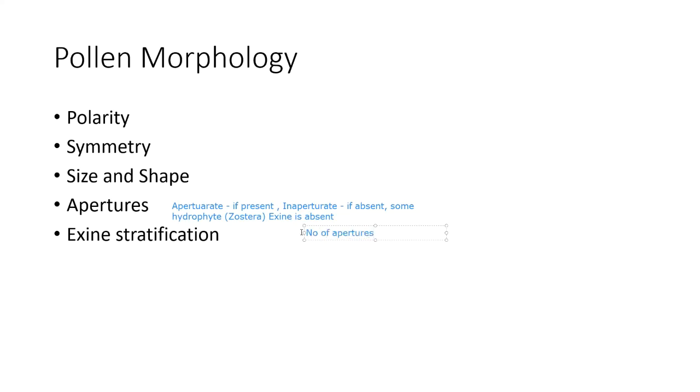If it is 0, I have already mentioned, inaperturate. If it is 1, it is monoaperturate, but only a single aperture is present, especially in bryophytes.